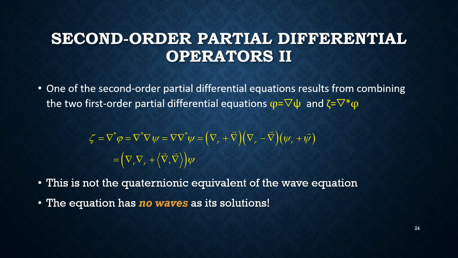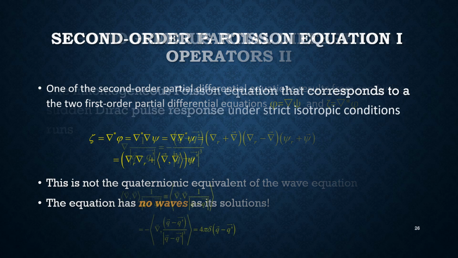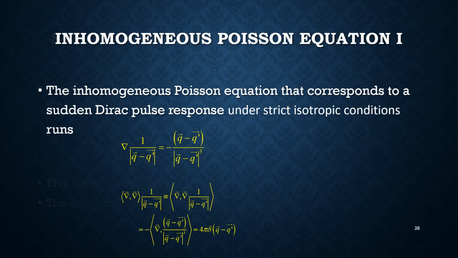One of the second-order partial differential equations results from combining the two first-order partial differential equations phi equals psi and zeta equals asterisk phi. This is not the quaternionic equivalent of the wave equation. The equation has no waves as its solutions. The inhomogeneous Poisson equation that corresponds to a sudden Dirac pulse response under strict isotropic conditions runs.